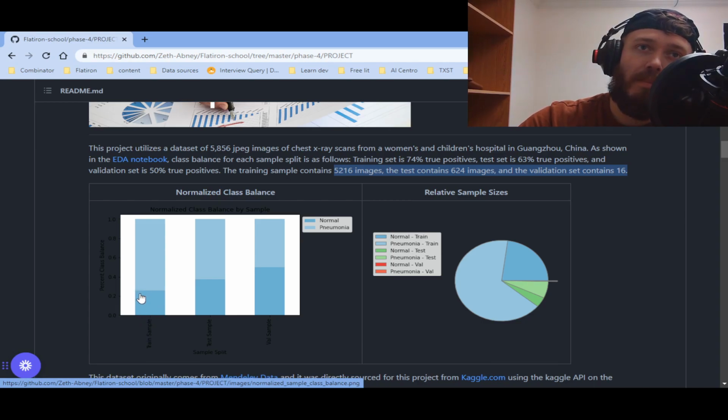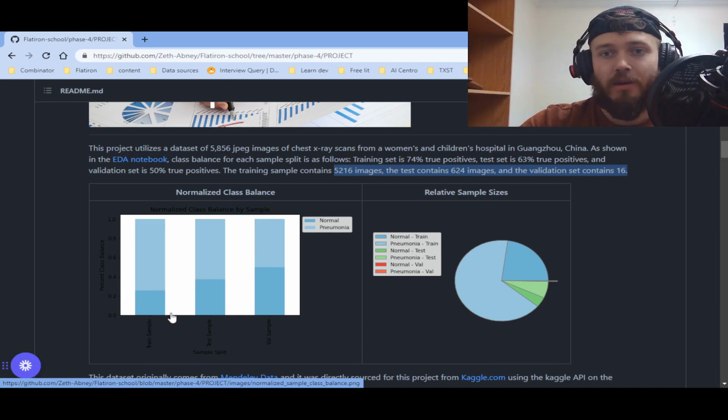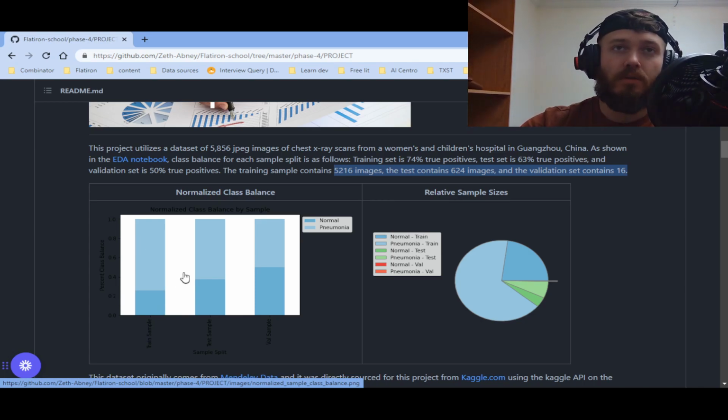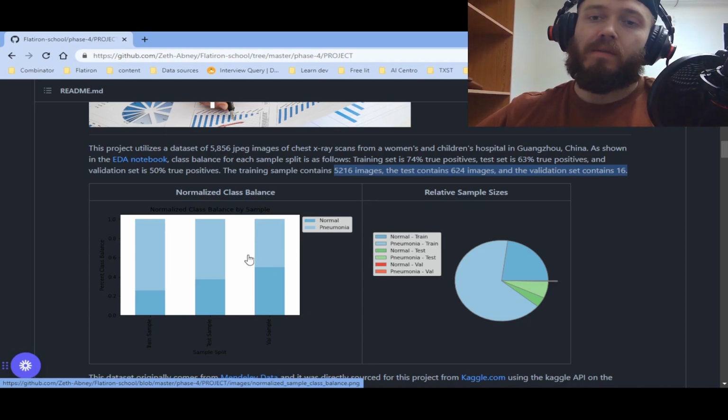About a quarter, maybe a third, is actually just normal, or not showing signs of pneumonia at least, and the rest have pneumonia. The test sample is less skewed, but still the same lean, and the validation sample is arbitrarily set to be 50-50.